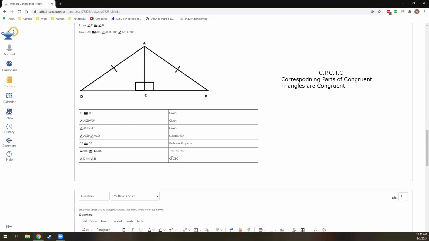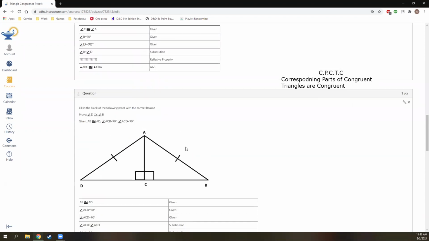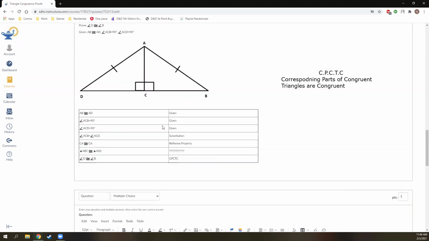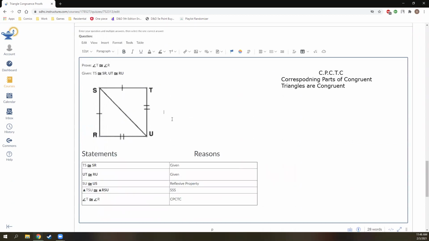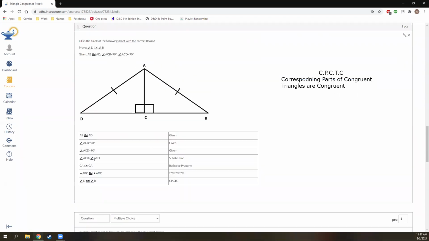But CPCTC is there, reflexive property, and then throwbacks to substitution. All that stuff is there because I want you to remember it because it's important.